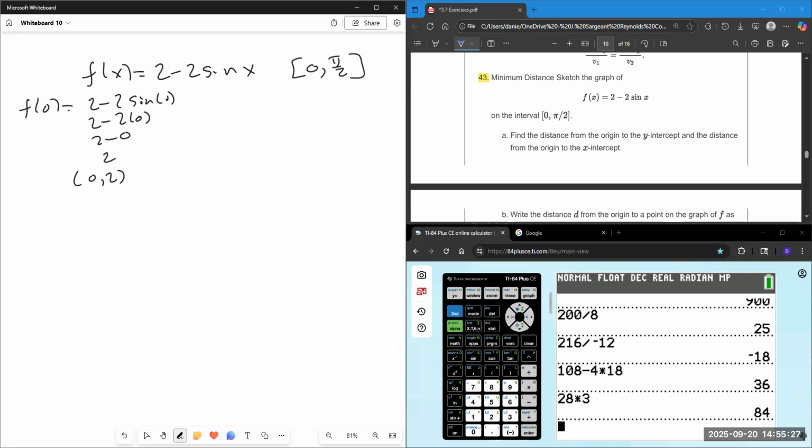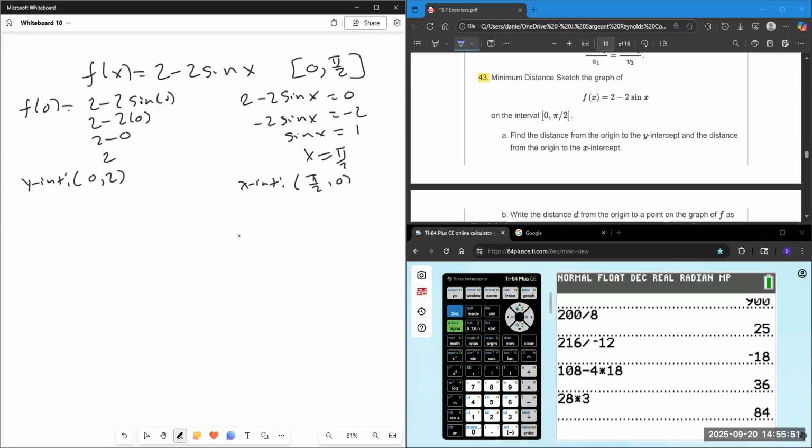My x-intercept will be when 2 minus 2 sine x is equal to 0, negative 2 sine x is equal to negative 2, sine x will be equal to 1, and in this interval that only happens at pi over 2, giving me pi over 2, 0 as my x-intercept. So x-intercept, y-intercept.